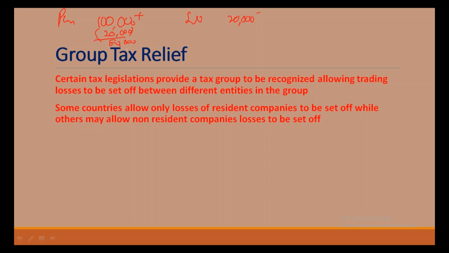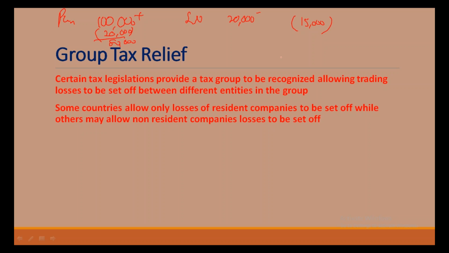Okay. You might find this UK parent company has another subsidiary outside the UK, and that also has made a loss of say 15,000. Now this will depend on whether the non-resident company's losses can be claimed. If it cannot be claimed, then forget about this 15. You can't claim it.